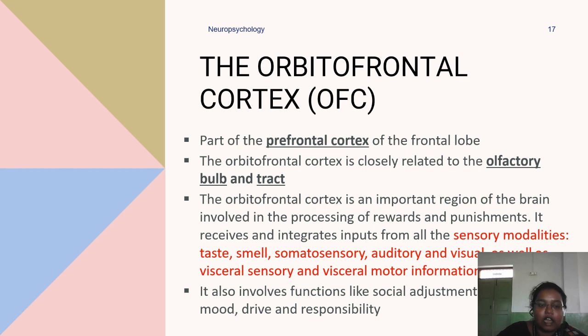It receives and integrates inputs from all the sensory modalities like taste, smell, somatosensory, auditory, and visual, as well as visceral sensory and visceral motor information. It also is involved in functions like social adjustment, mood, drive and responsibility.